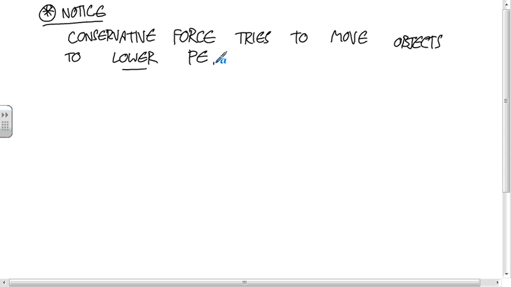Okay, so gravity's trying to pull things down to h equals 0. It's trying to reduce the potential energy.